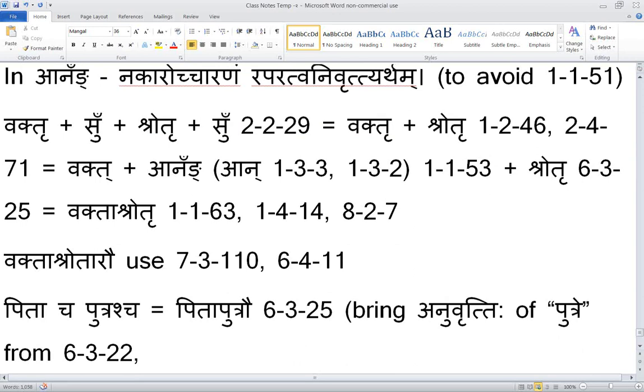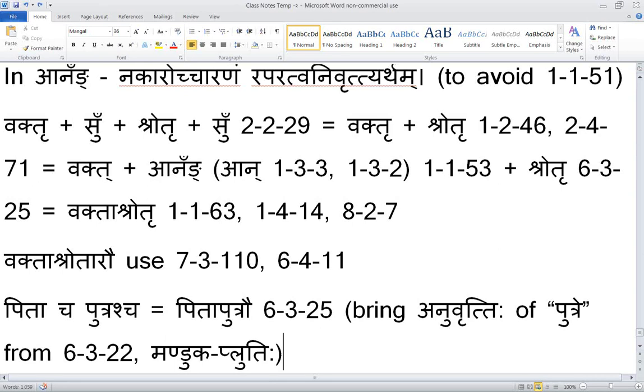So you skip some sutras in between and bring the anuvritti into the following sutram. Mandukaplutí nyayena. So that will explain this form, which is pita putrau.